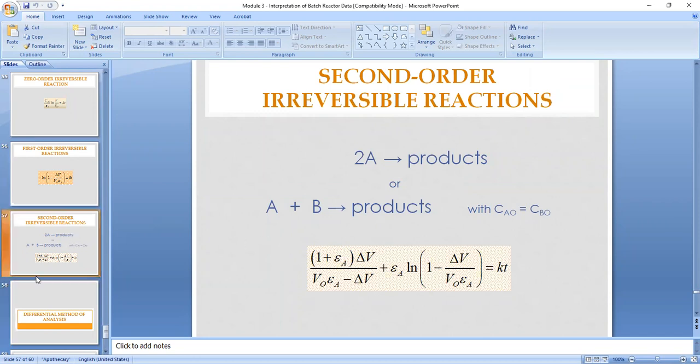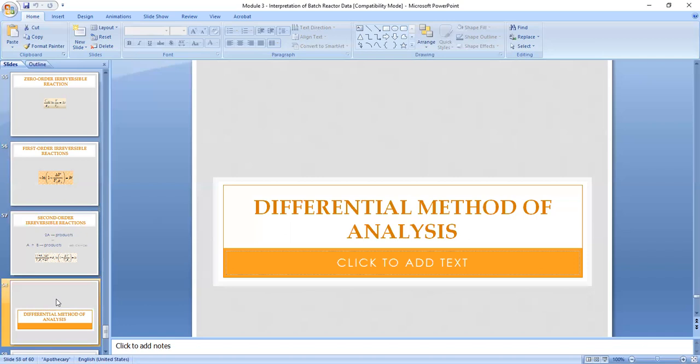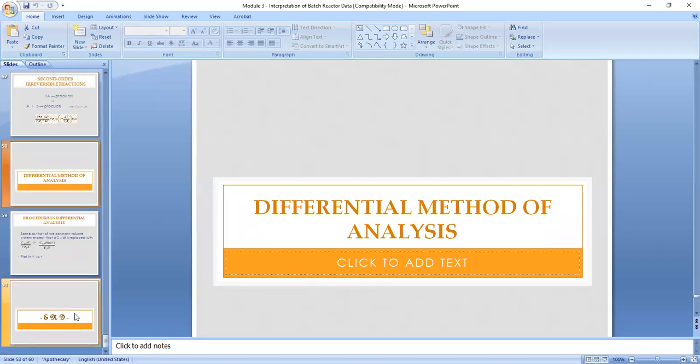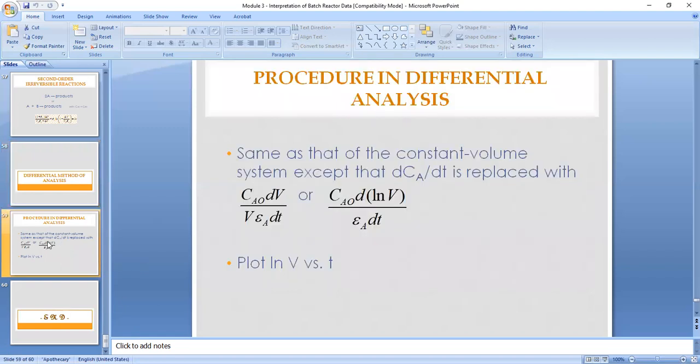Okay? Now, for differential analysis, still on varying volume system, there will be changes, of course, in the manner in which you're going to plot what you need to plot. But just for discussion purposes, you will have an idea. It could be asked in the form of a concept type question. The treatment is the same as that of the constant volume system, except, class, for the slope of the chosen concentration, which you have taken from the curve which you have drawn by eye or by hand.